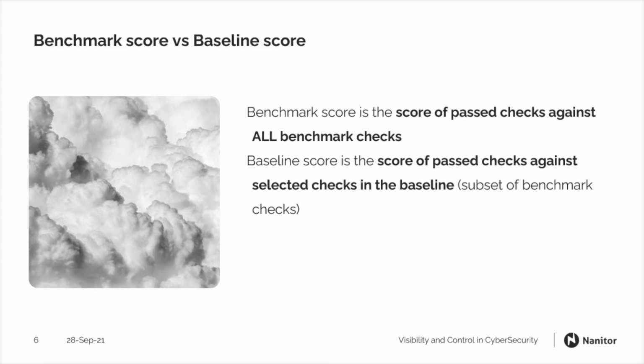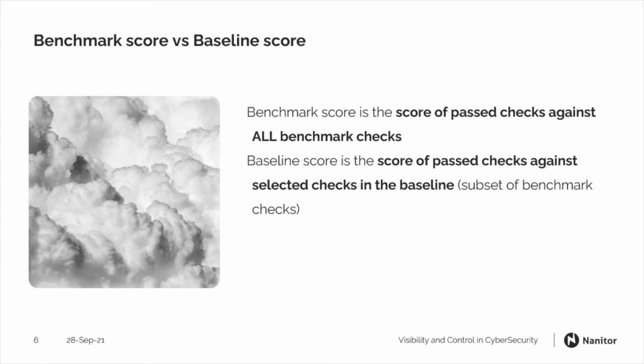Usually that score is something between 50 and 70% at its highest, but then there's also the baseline score, which is something that you can adjust by yourself, and that is one of the topics of the exercise that we're going to do.